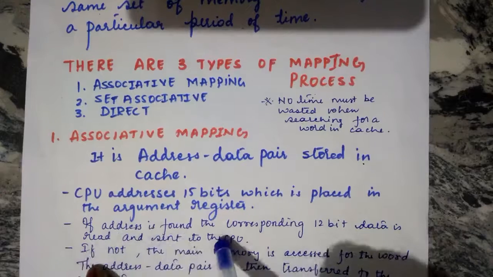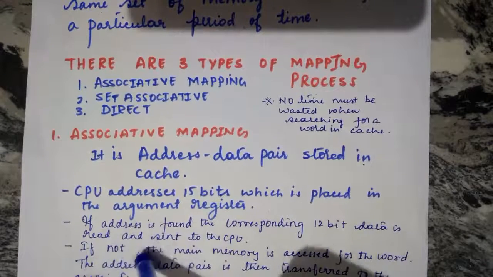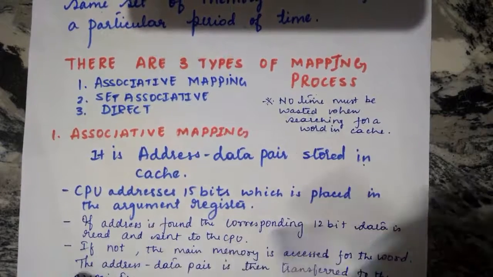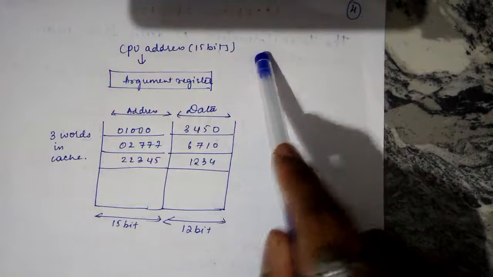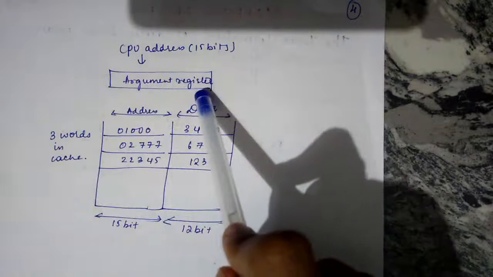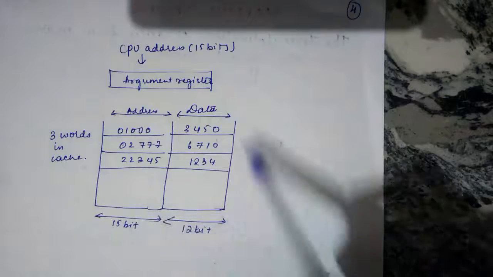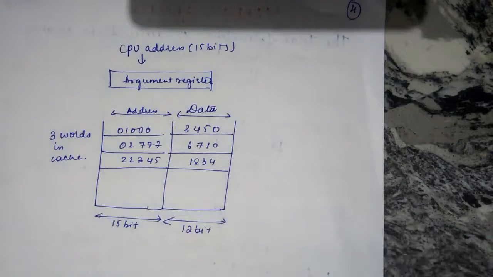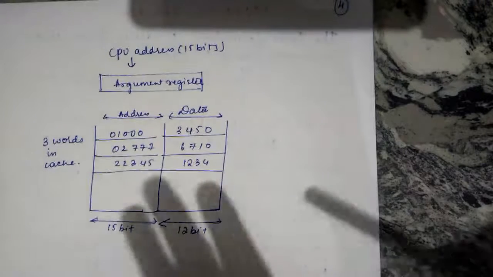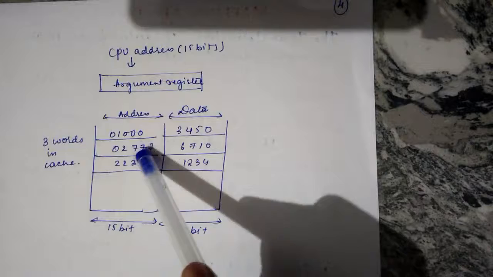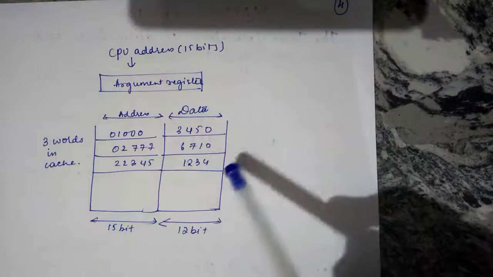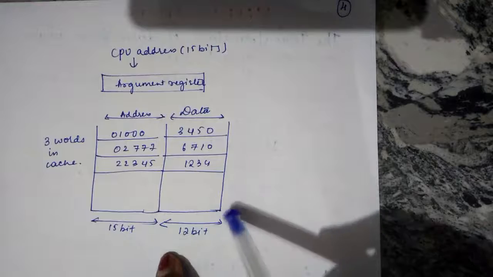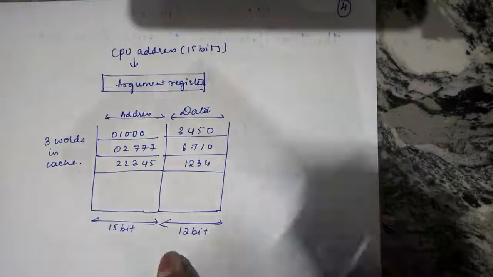If the address is found, the corresponding 12-bit data is read and sent to the CPU.